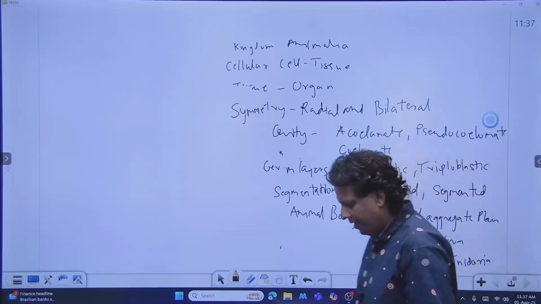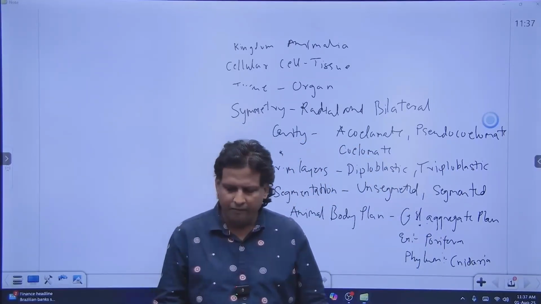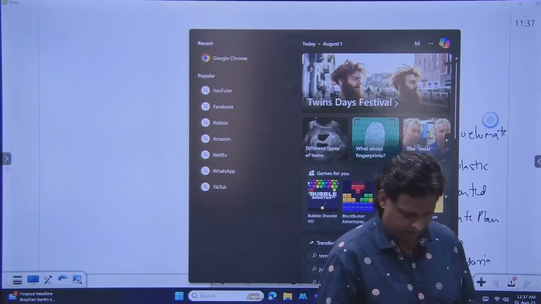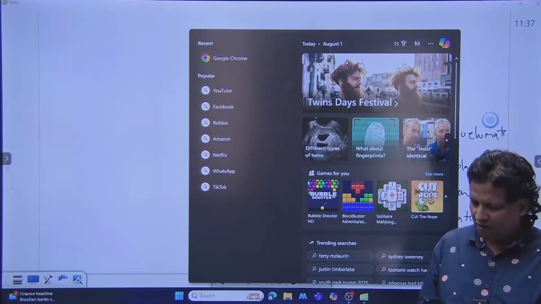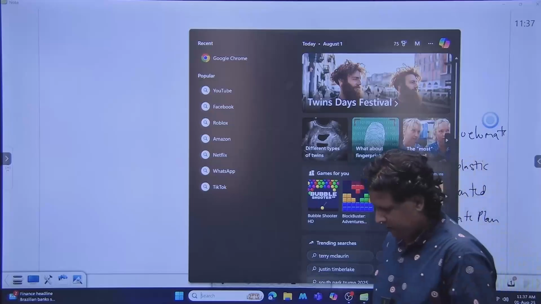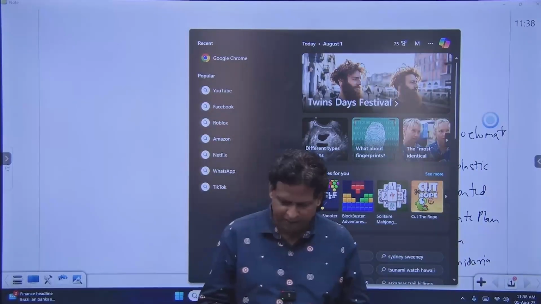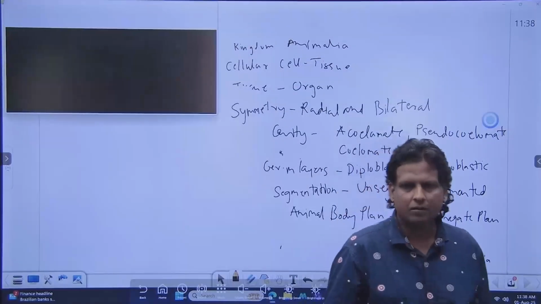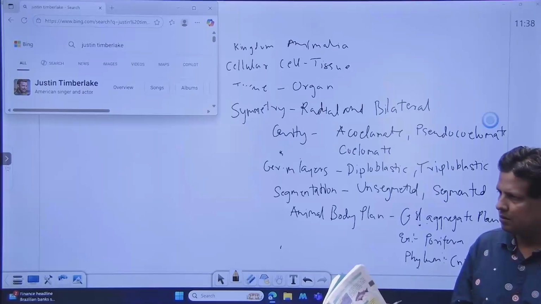Cell aggregate plan, blind sac body plan, tube within tube body plan. Okay. Diploblast and triploblast, what are the layers? Endoderm, ectoderm, digestive cavity, non-living layer, mesoderm. You understand?